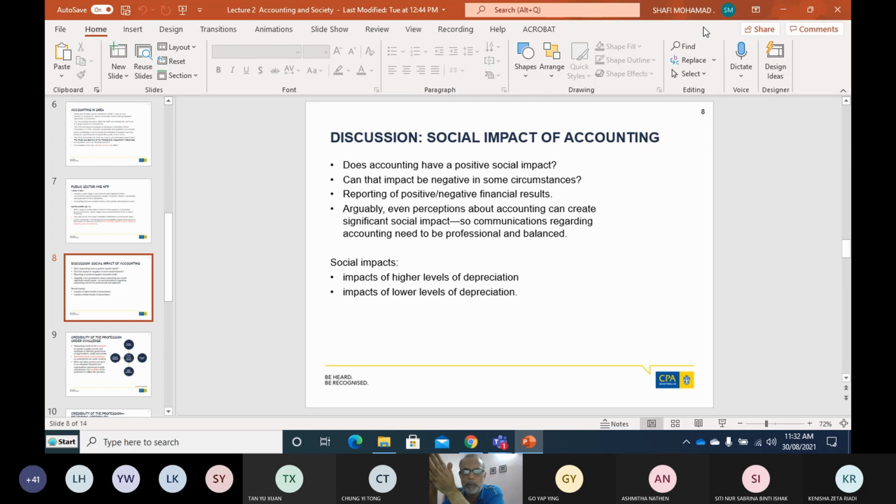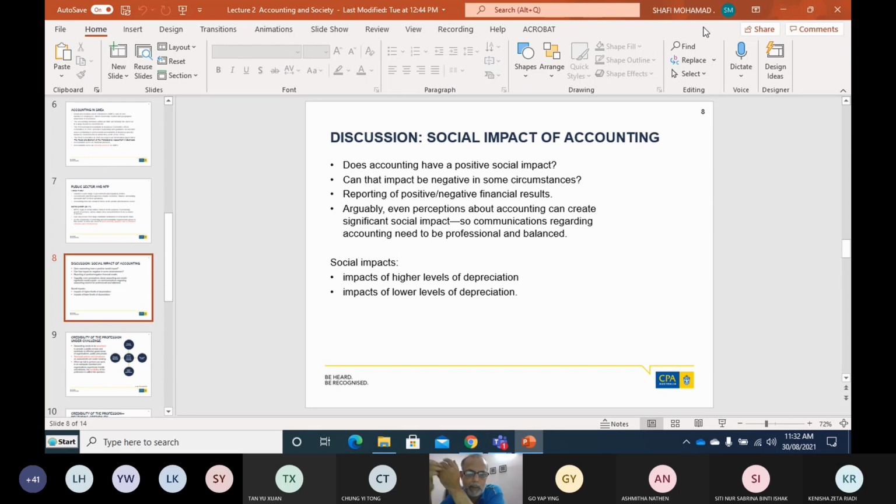Can you suggest some methods or techniques? Now, this is called income smoothing: how we can minimize our tax liability, because we want to pay less tax.